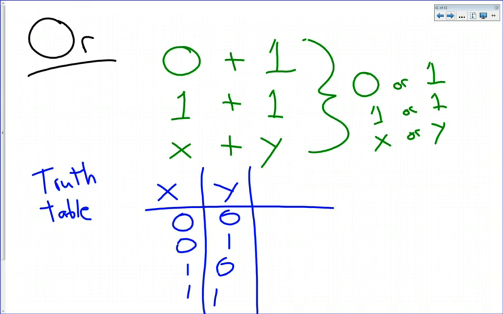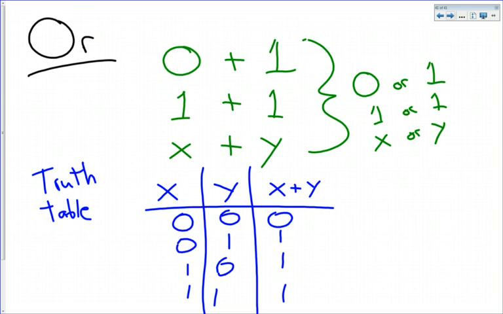Okay, so the combination of x OR y, let's see what it generates. What does it generate with 2 zeros? 0 OR 0? 0. 1, or pardon me, 0 OR 1? 1, yeah. 1 OR 0? 1. And 1 OR 1? No, 1, you're right.